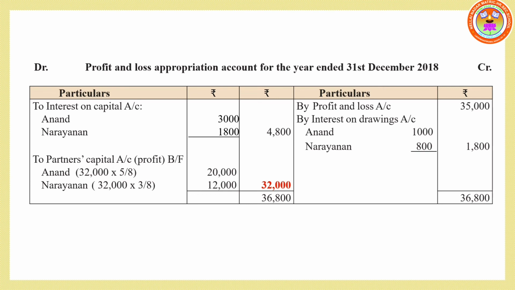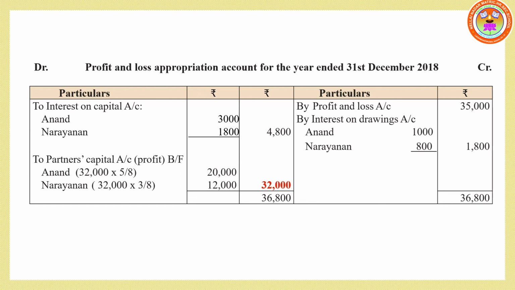Narayanan, out of 8 shares, he got 3. So 3 by 8, do the calculation, Narayanan's share of profit is 12,000. So 20,000 and 12,000 for Anand and Narayanan, totalling 32,000. After finding this only, we can prepare that journal entry.